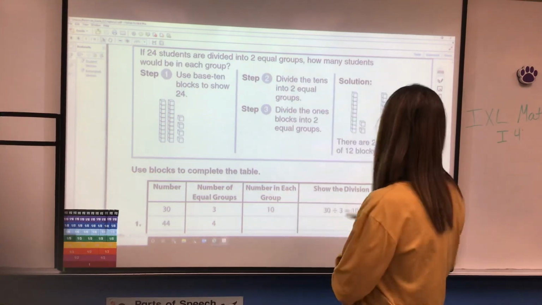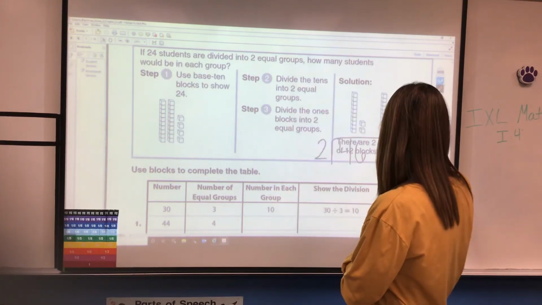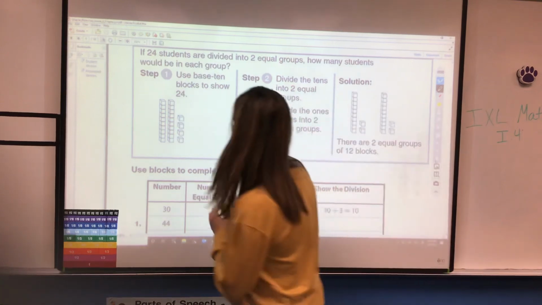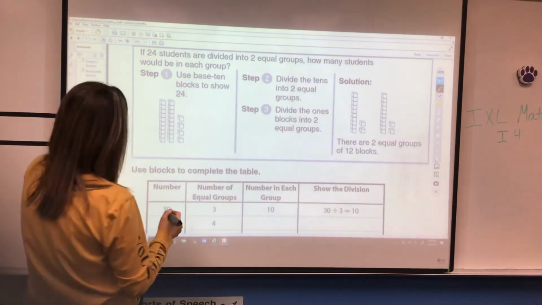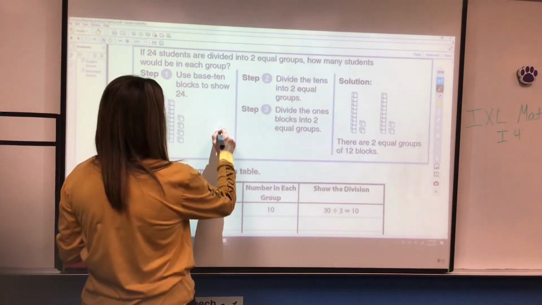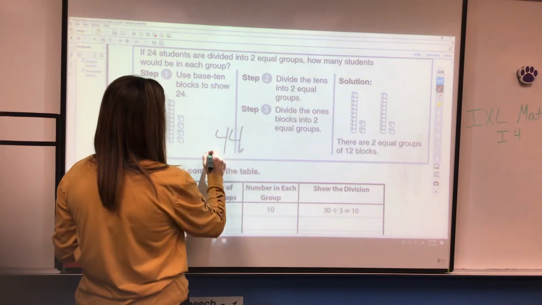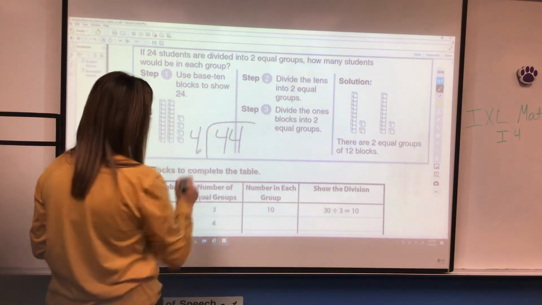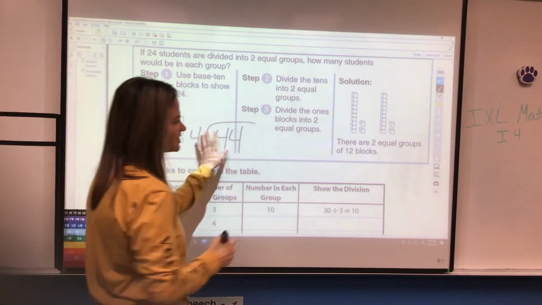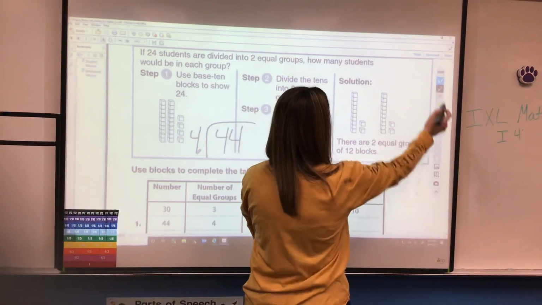So they have 44 divided by 4. I want to see if I can get it on here for you guys. So if I did 44 divided by 4, I can do each one into there. That's not going to show very well. Let me flip the screen.